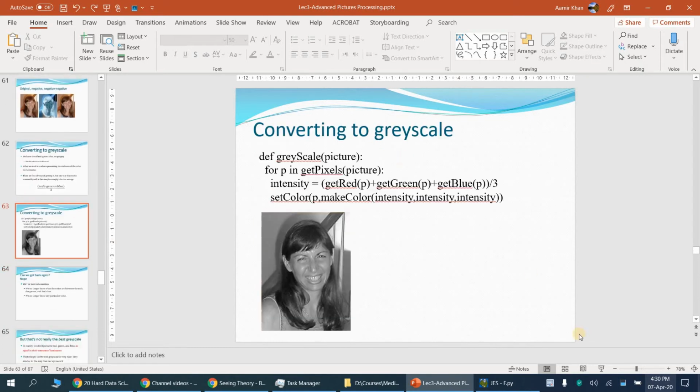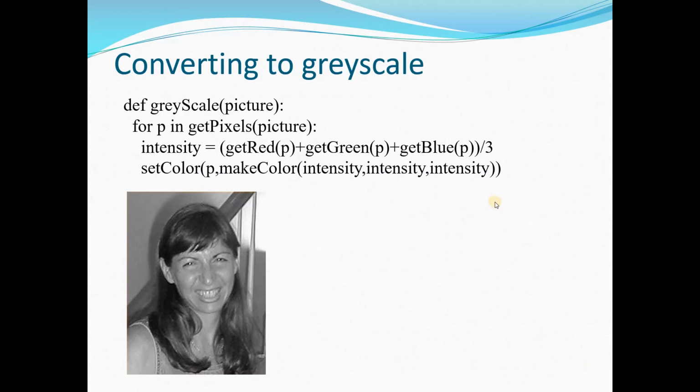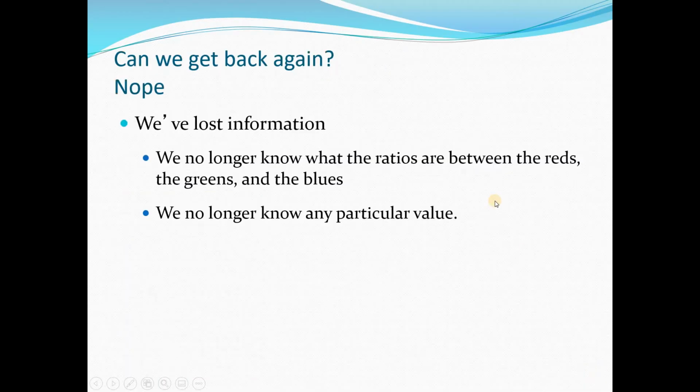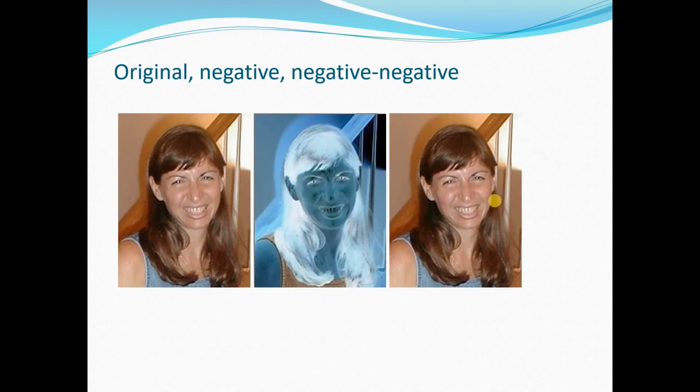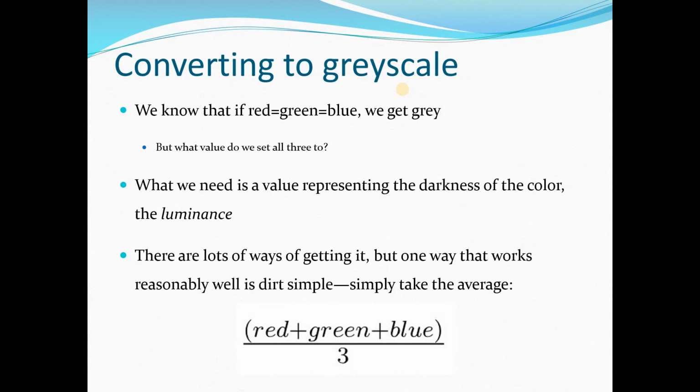Another important thing related to this: if you remember previously what we did for the negative, when we take a color image, we can convert it to negative, and if you take the negative again, you will get back your original image.